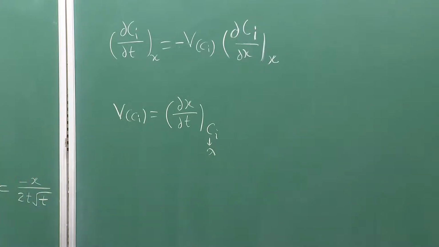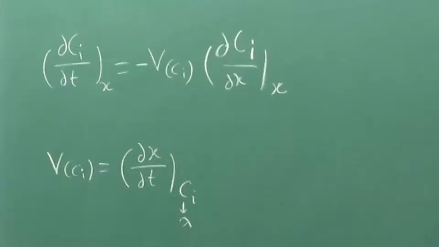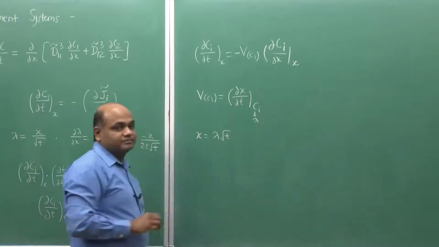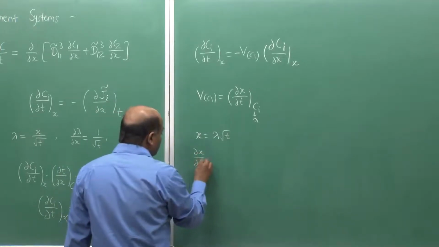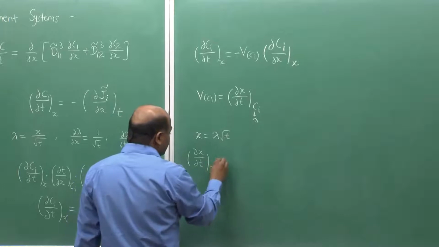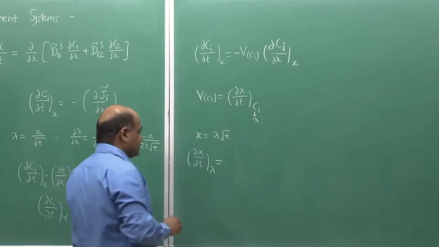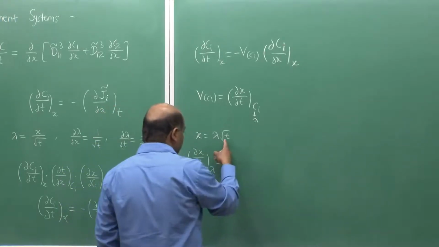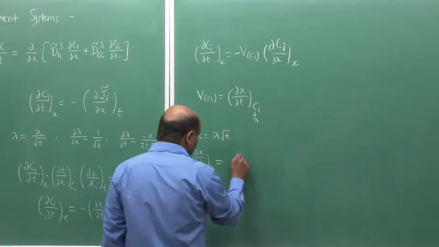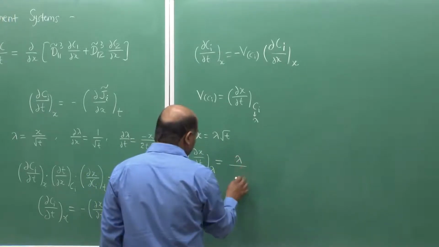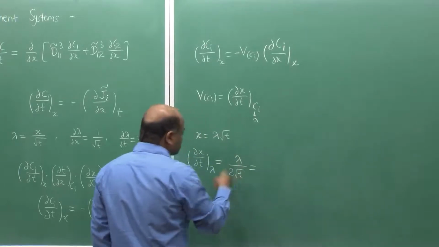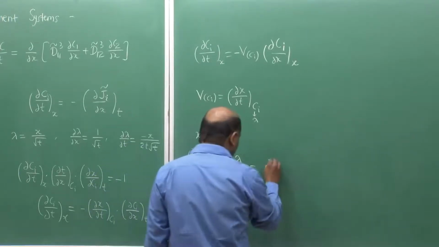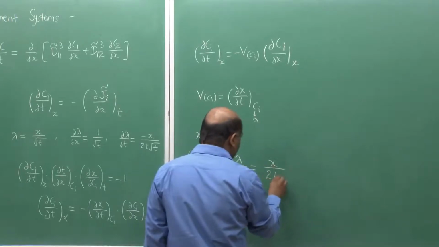And now, lambda is equal to x over root T. So, we can write x as lambda root T, and so dou x by dou T at given lambda, since lambda is constant, we just need to differentiate root T, and that should be equal to lambda over 2 root T, and if we substitute again for lambda, this is nothing but x over 2T.